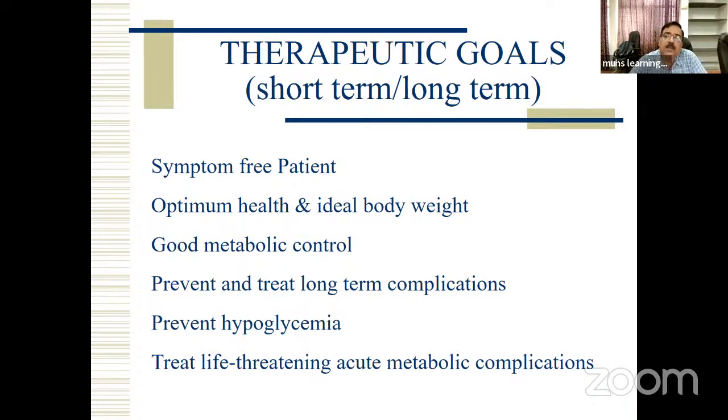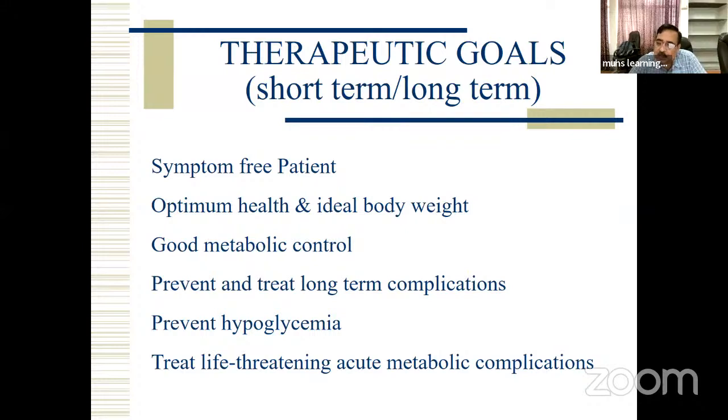He should have optimal health and ideal body weight. Optimal health is achievable, ideal body weight is challenging because most of the patients don't adhere to the dietary discretion you suggest. But if possible, we must encourage them to reach ideal body weight.